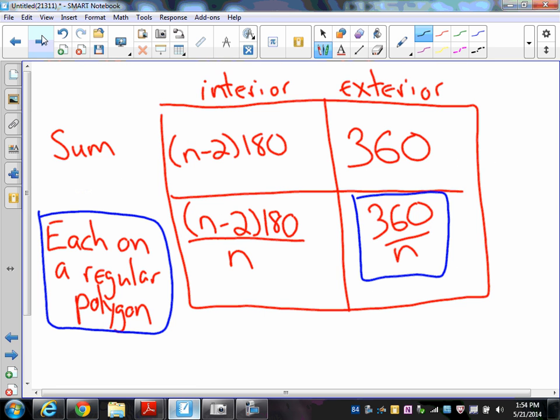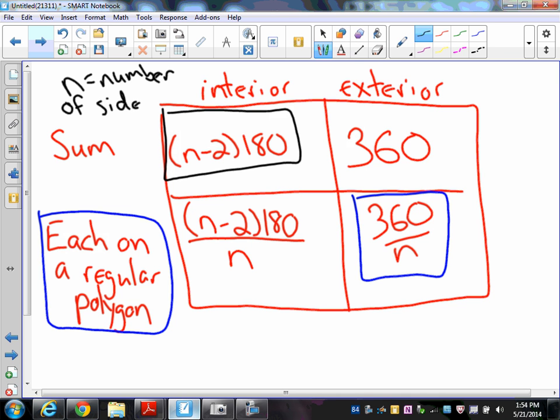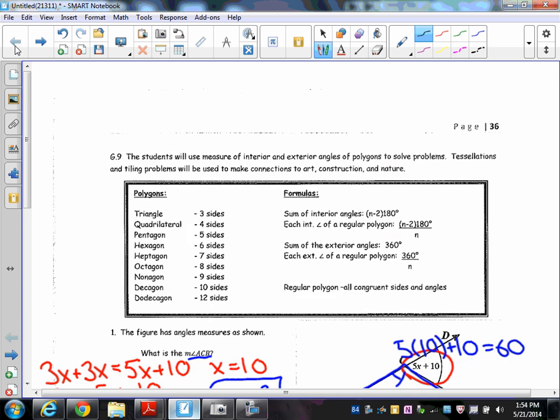I'm taking the sum, right? So I'm finding the sum of interior angles. Again, n is the number of sides. So the number of sides in a pentagon is 5.